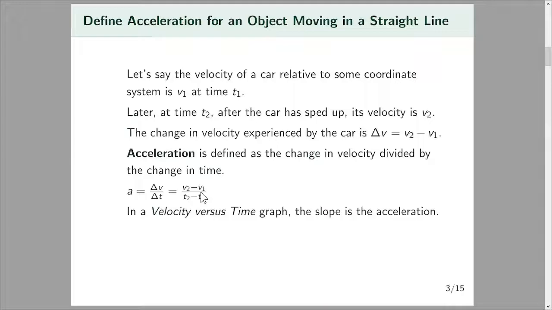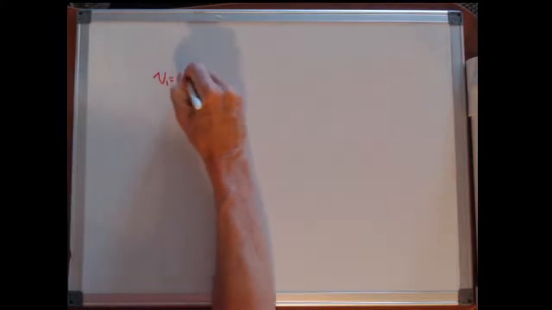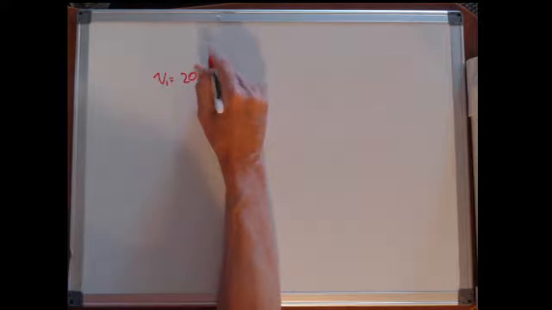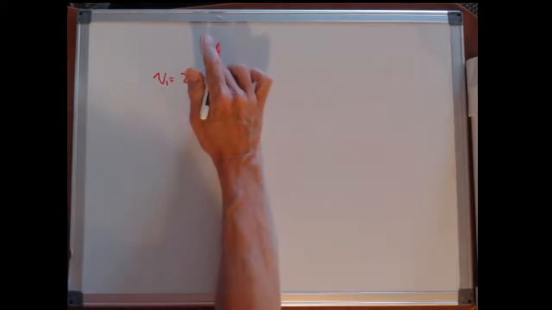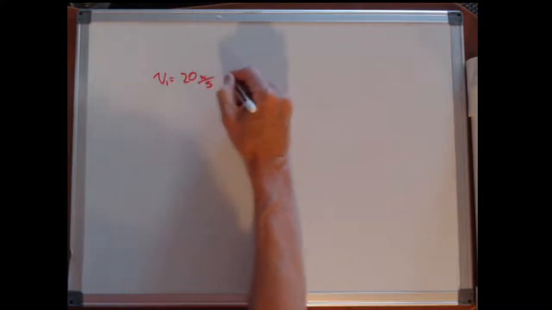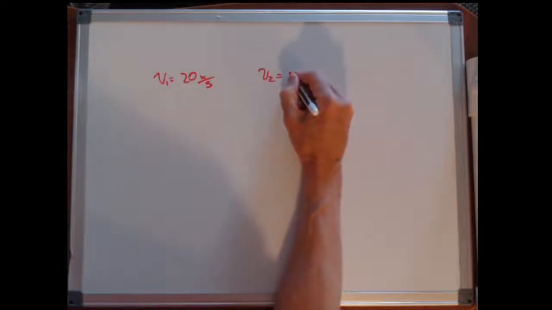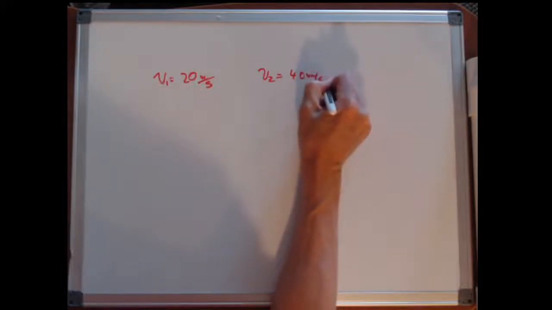Let me do an example of this. If I said my V1 is 20, let's say 20 meters per second, just to keep things in SI units, and V2 is equal to, I'll just make up a number, 40 meters per second.